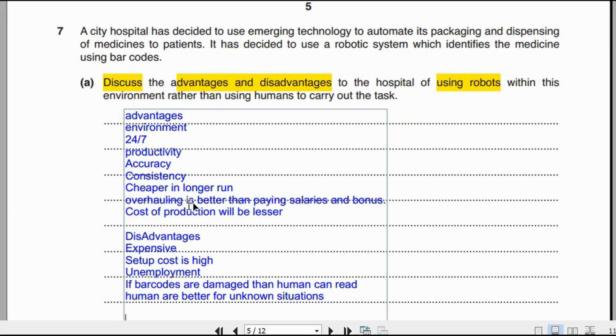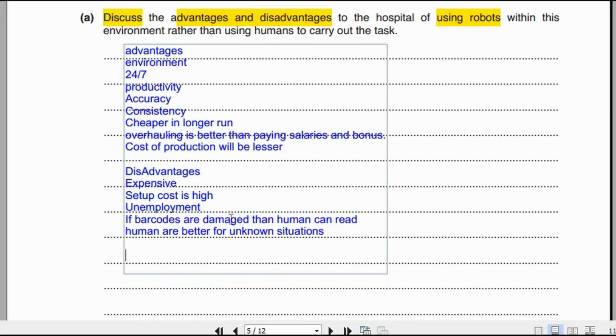And at the end you have to write the conclusion, like what do you suggest in the above mentioned scenario. If you ask me, I would suggest that in the above mentioned scenario, robots are better than humans. So just give a decent conclusion.